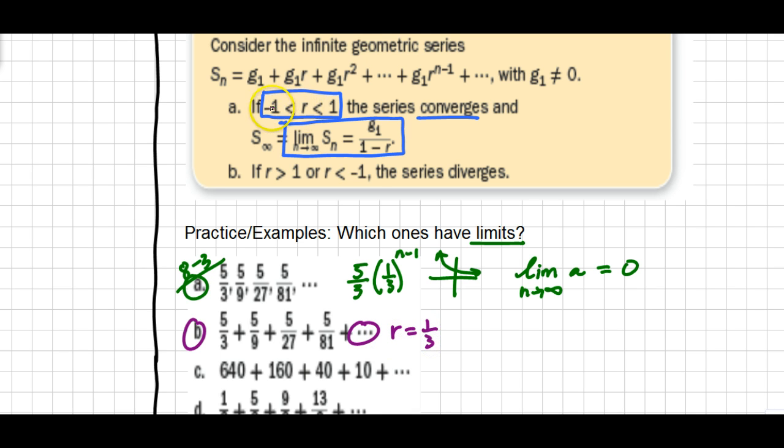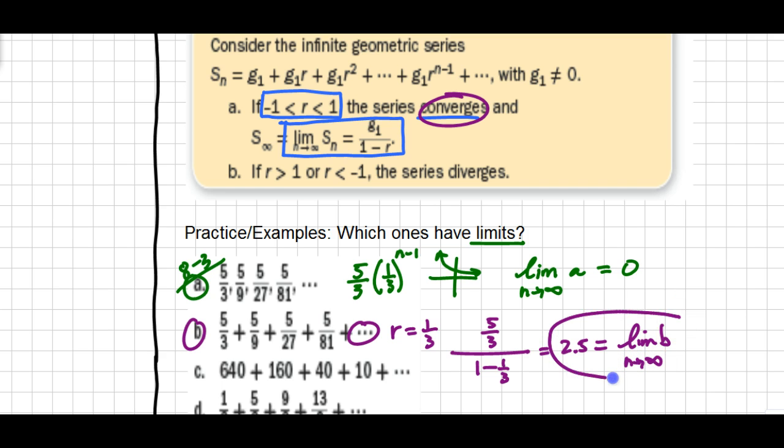That is between -1 and 1, so it will indeed converge. What it converges to is this little formula: the first term divided by 1 minus r. If I calculate that, I get about 2.5. So that is the limit of question B as n goes to infinity. So then that's my answer.